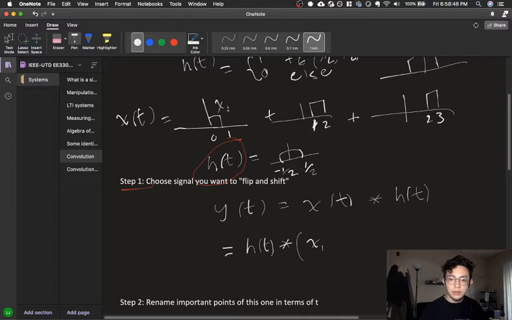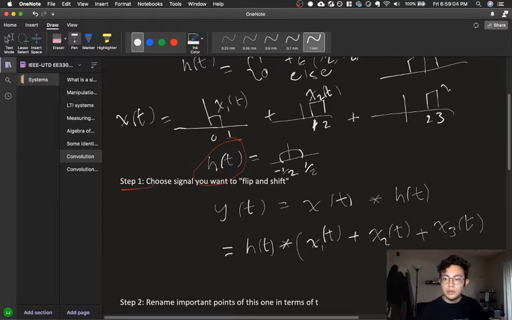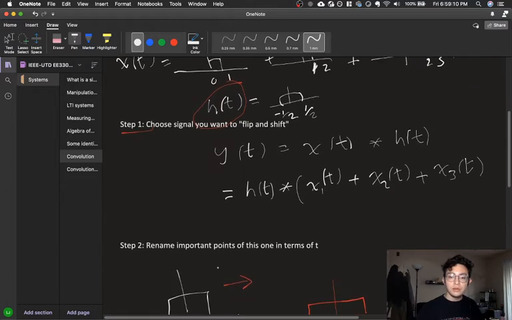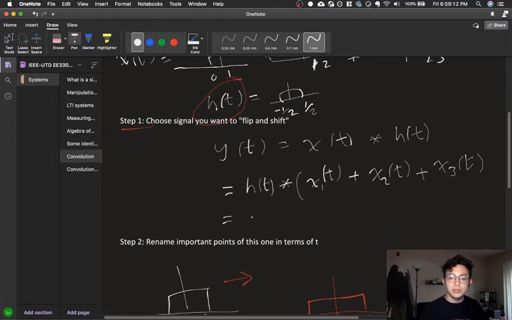plus x2 of t plus x3 of t. Right, so we can distribute this h across.